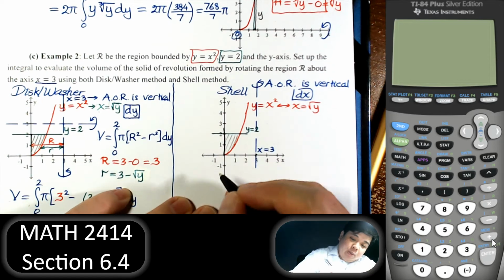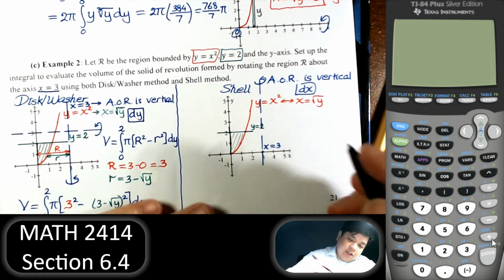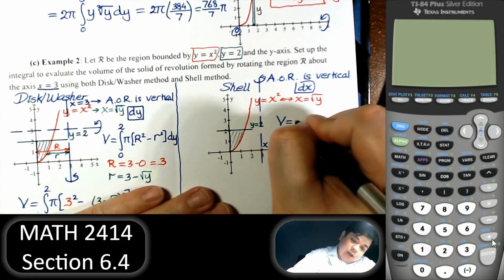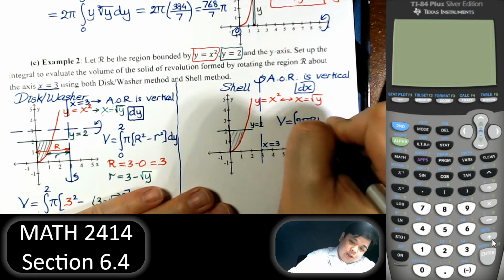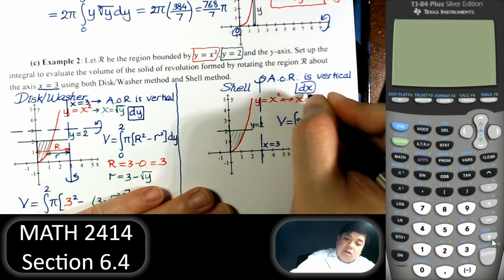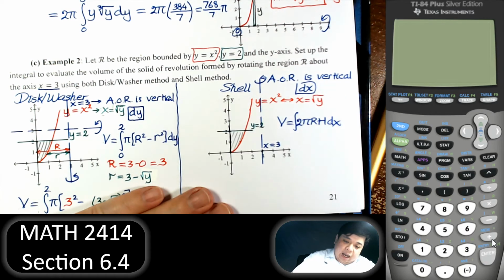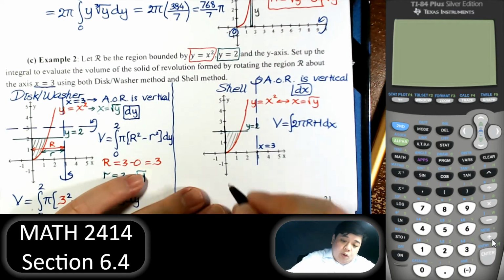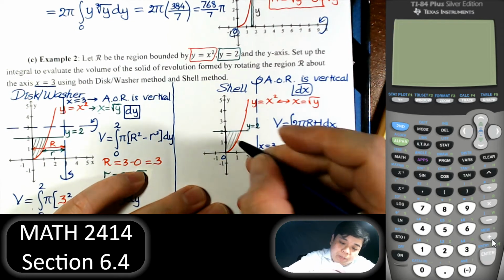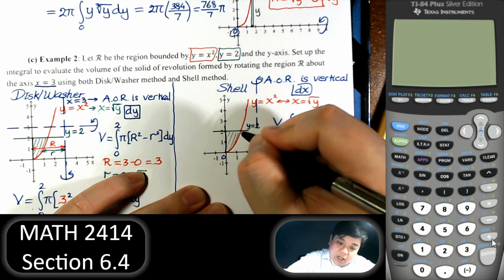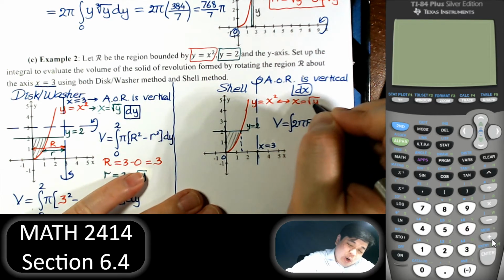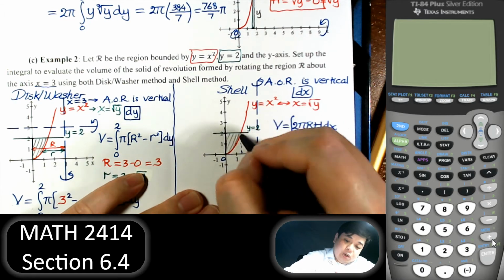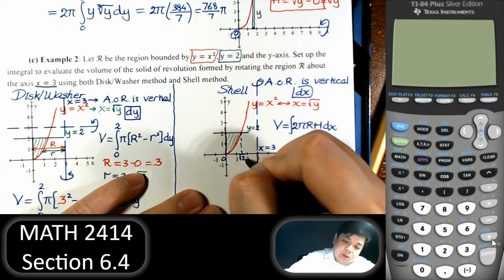So shell method, V equal to the integral of 2 pi r h, and then the width is dx, and x in this problem will go from 0 to, y equal to x squared, or x equal to square root of y, and y is 2. So this is square root of 2.